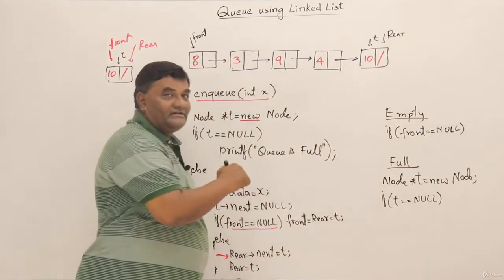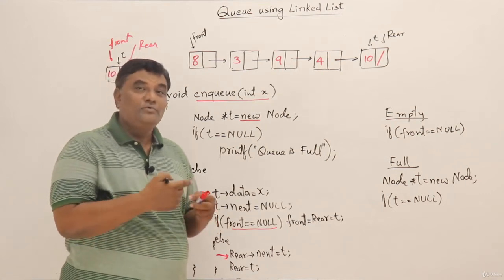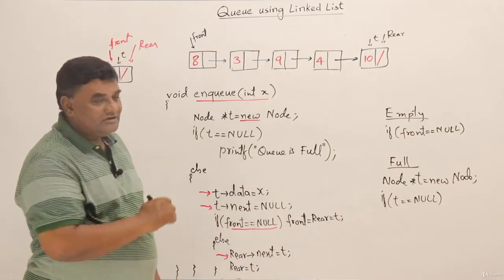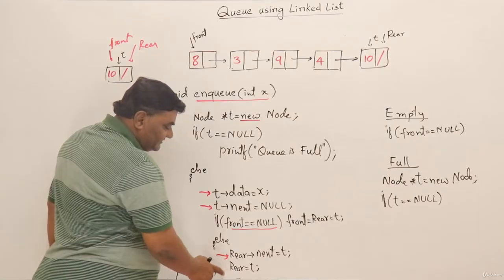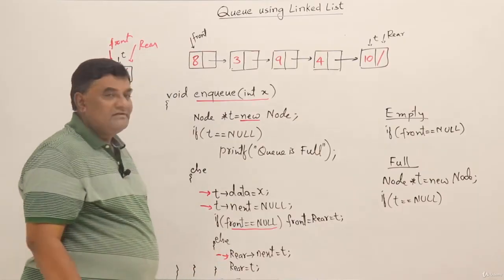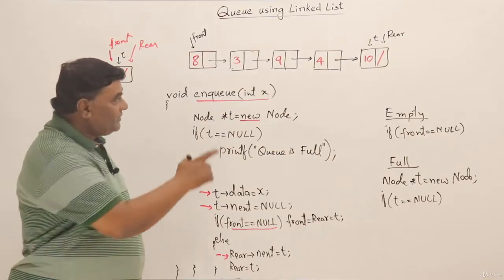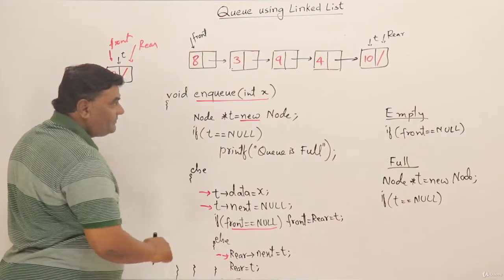So again, rear is at the last node. Whenever a new node is inserted, we move rear onto that new node. So we make sure that rear is always pointing at the last node so that we can finish insertion in just two steps, these two steps. So that's all about enqueue. How much time is it taking? Because of the help of rear pointer, this procedure is very simple.